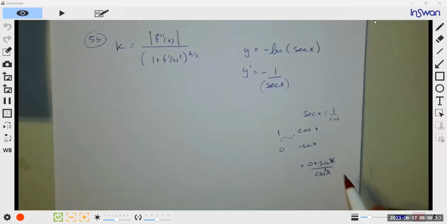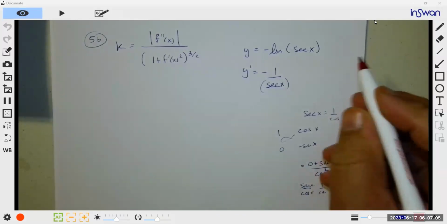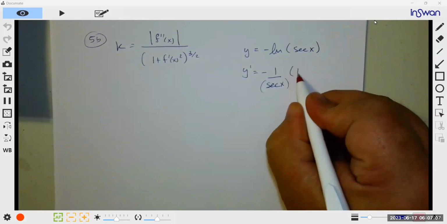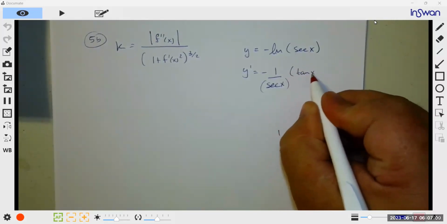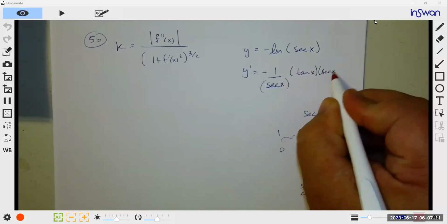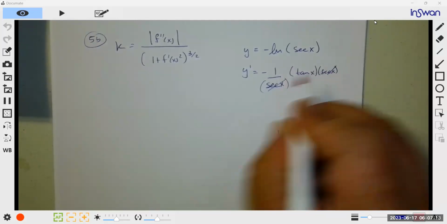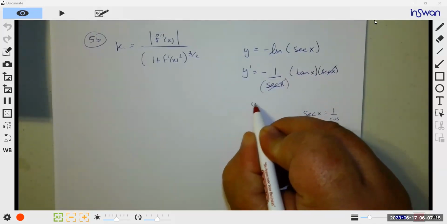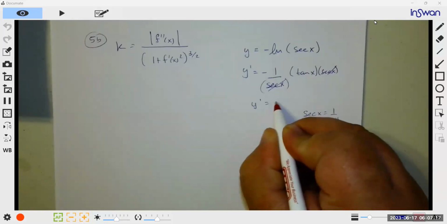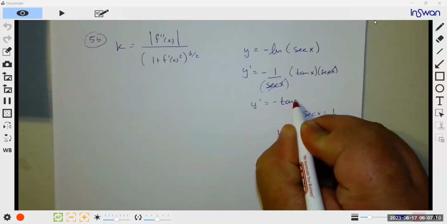It's the quotient. So what that means is sine over cosine times 1 over cosine, so it's tangent times secant x. Secants cancel, so the first derivative is negative tangent.